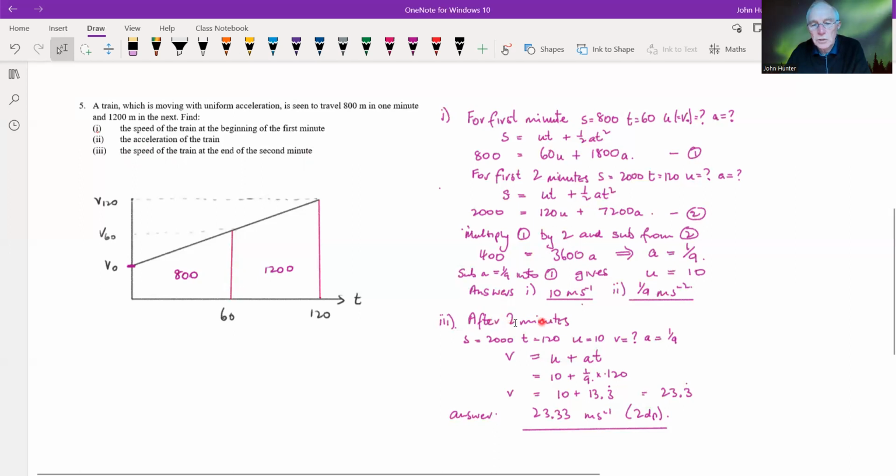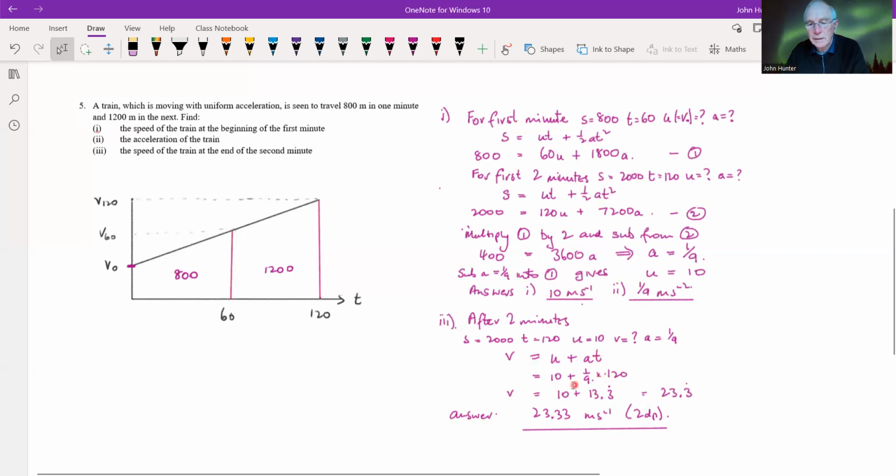So after 2 minutes, we're just plugging these things into one of the Suvat equations. We know the total displacement is 2,000. We know the time, 120. We know the initial velocity is 10. We don't know the final velocity. That's what we're trying to find out. We know the acceleration. So we've got a choice of what we use here, but probably the velocity equation, v equals u plus at, is the one to use.